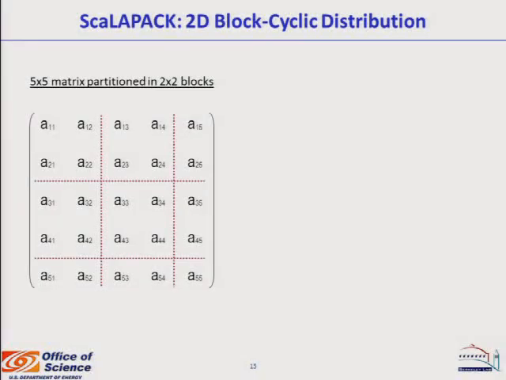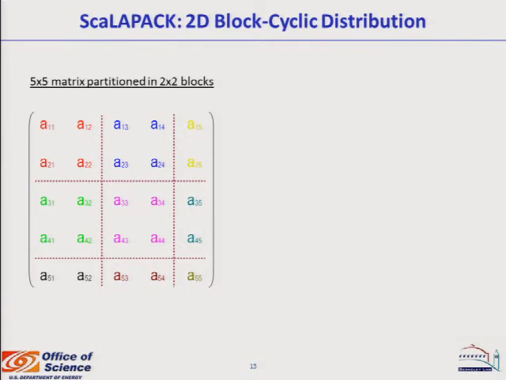This is an example of how things work for this 2D block cyclic distribution. In this example, you have a 5x5 matrix partitioned in 2x2 blocks. The dotted lines indicate the partitioning of that array in 2x2 blocks.